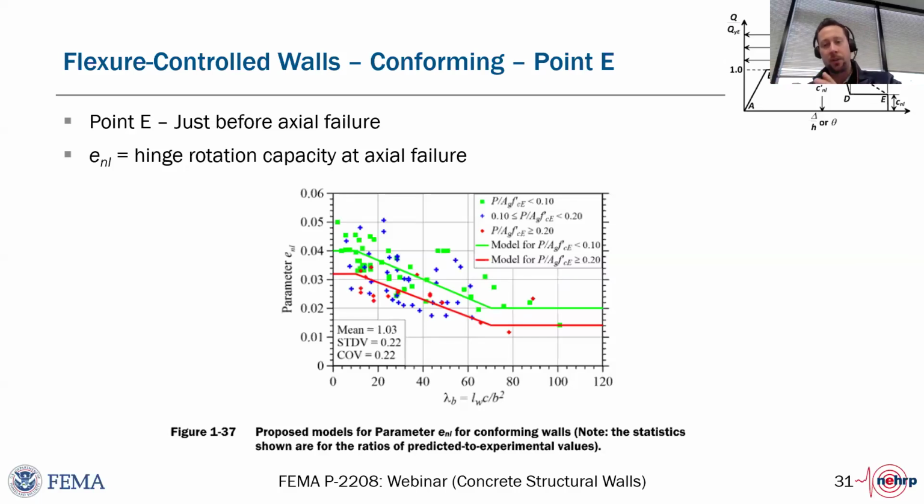So it captures a number of different variables implicitly when you calculate the neutral axis depth. And then the other thing that matters is the neutral axis depth relative to the thickness.